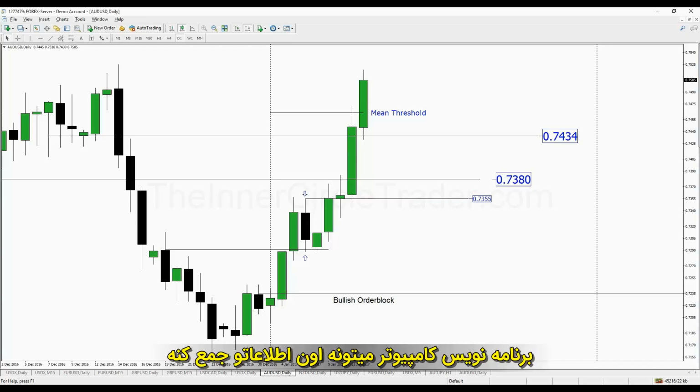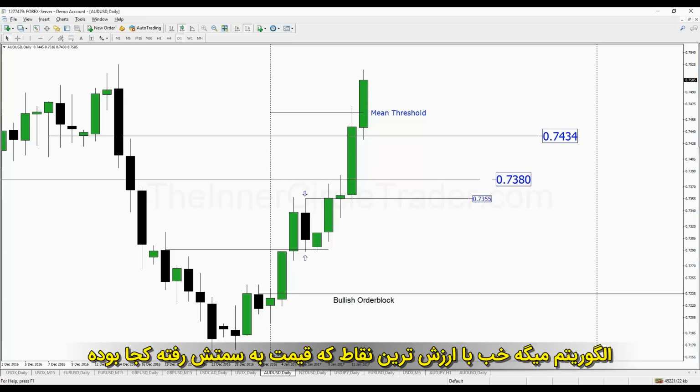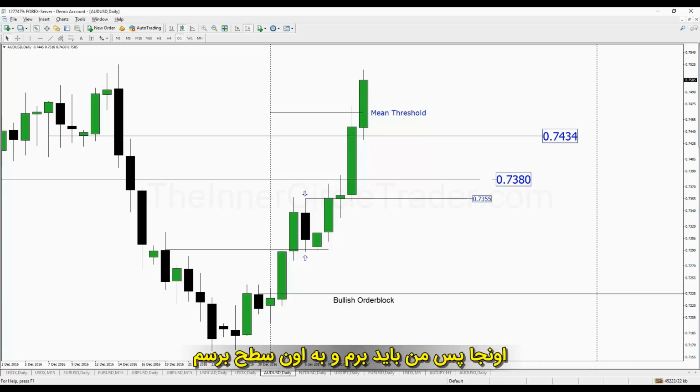The computer programmer can gather that information. Okay, so what's 60 days from that backwards in time? Then the algorithm will simply say, what's the highest value of that asset that it traded to? Right there. So now I need to go back up to that level. That's what it's going to do.